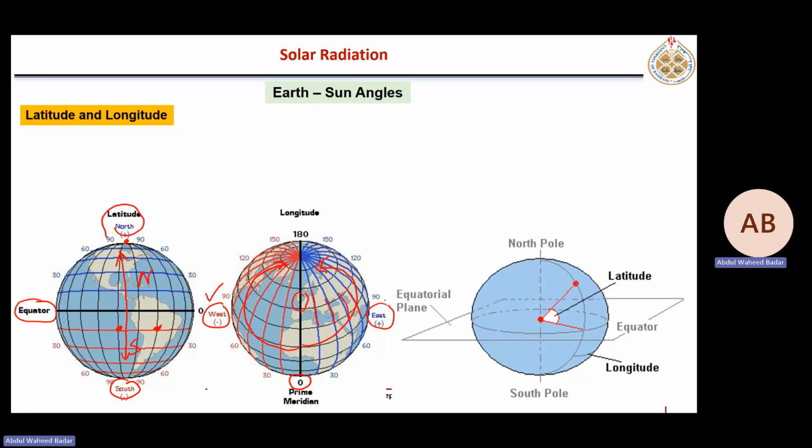On the east side, we take it as positive, and on the western side, we take it as negative. All right. So any location on the surface of the Earth can be defined by defining a latitude angle and the longitude that will specify the location on the surface of the Earth.